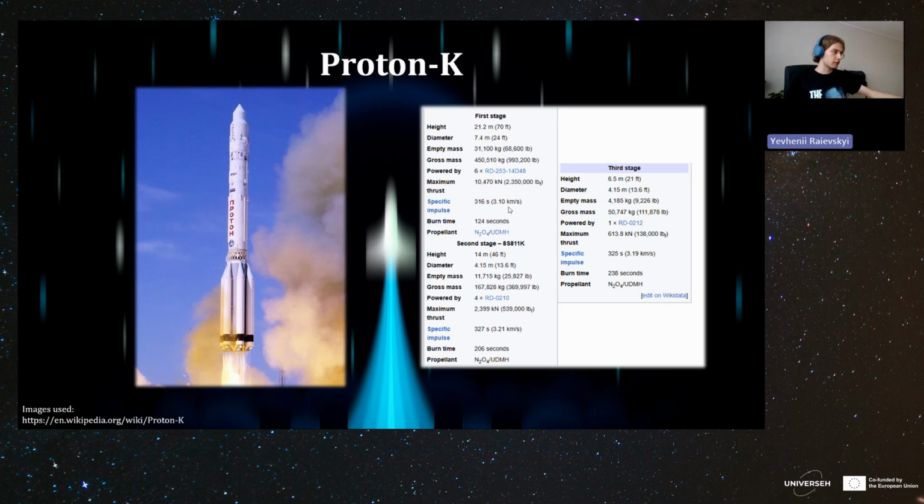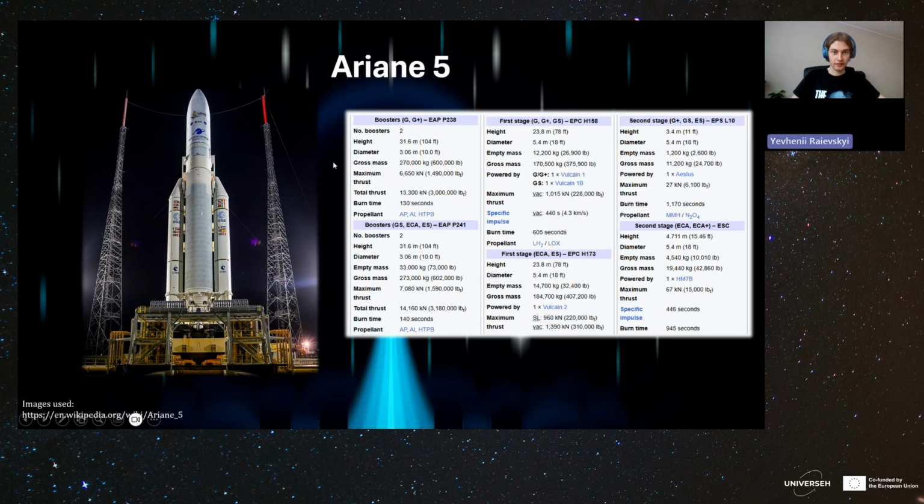And it doesn't work like this, that the rocket uses only one type of fuel, because if we would analyze, for example, the modern Ariane 5 rocket, it's a bit more complex here. You would find boosters, first stage and second stage.